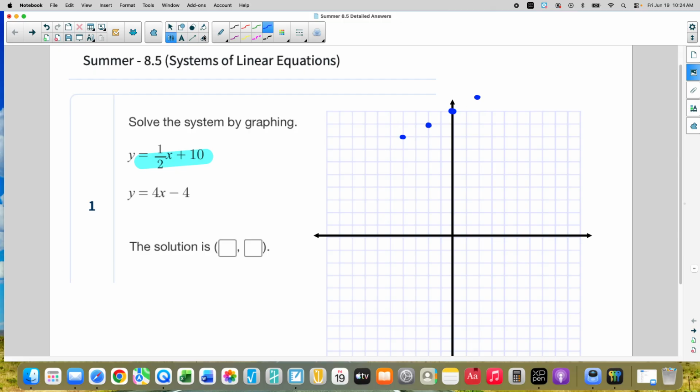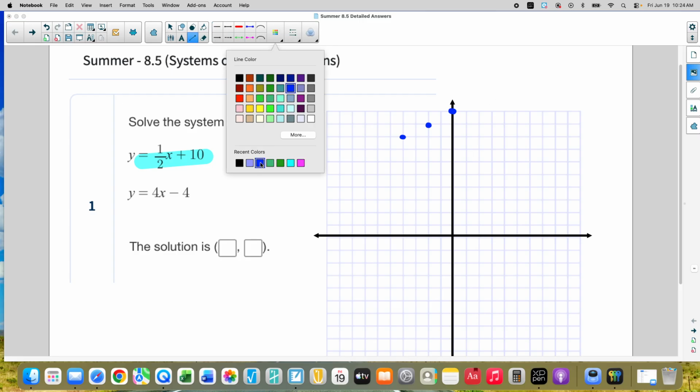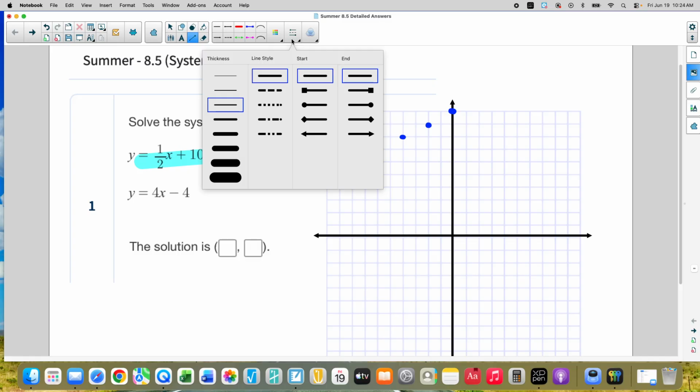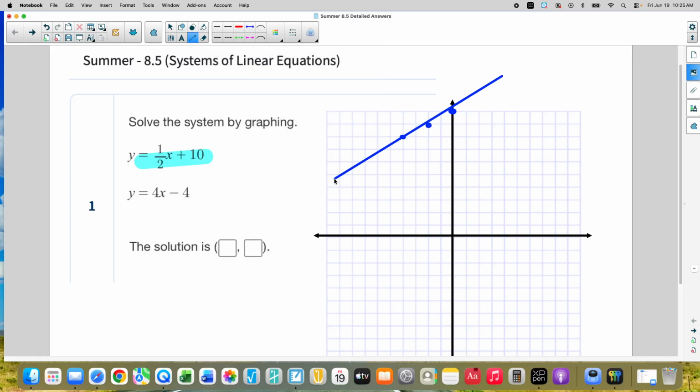I can see that point on a grid line, and we'll graph this in blue, and we'll connect those dots. We'll improve those connections, and that looks pretty accurate at that point.